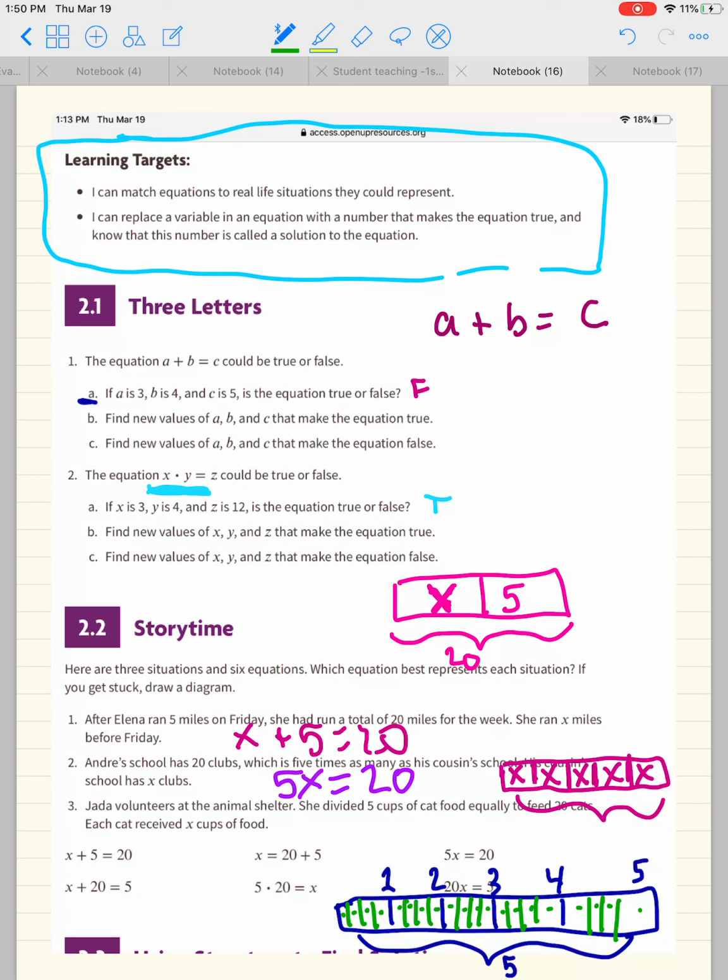I now have 5 cups split up into 20 parts in order to feed 20 cats. So what I now need to figure out is how I can represent this and what the x would even be. Looking at this diagram could be a little bit confusing if you don't remember when we used tape diagrams before. So each of these little green parts is representing how much one cat would get, okay?